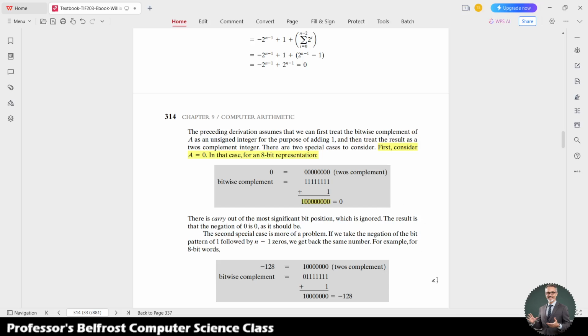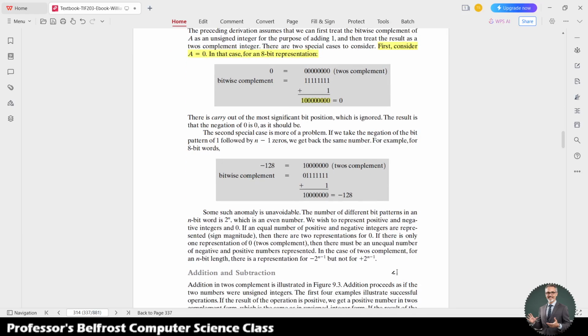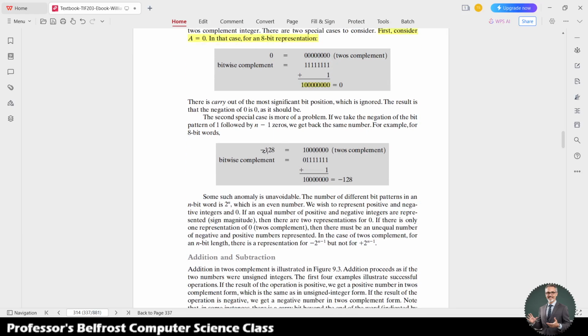But how about minus 128, which is the largest negative number possible? An 8-bit number ranges from minus 128 to 127. If we complement it, we get back the same number, minus 128, and this is unavoidable.